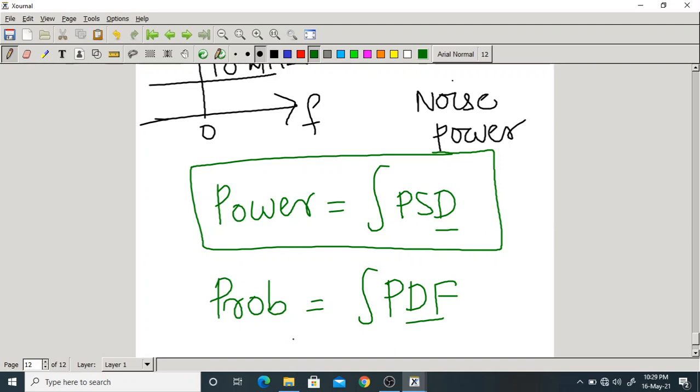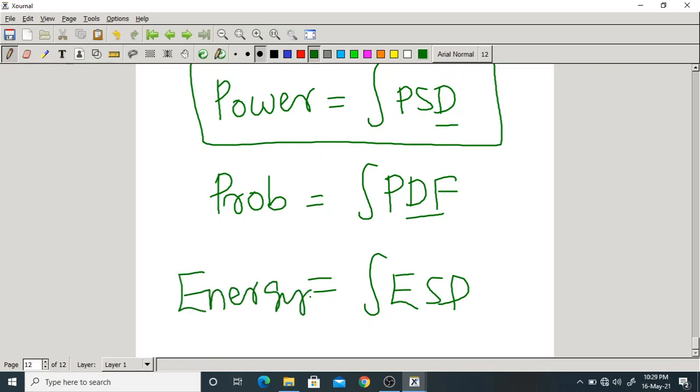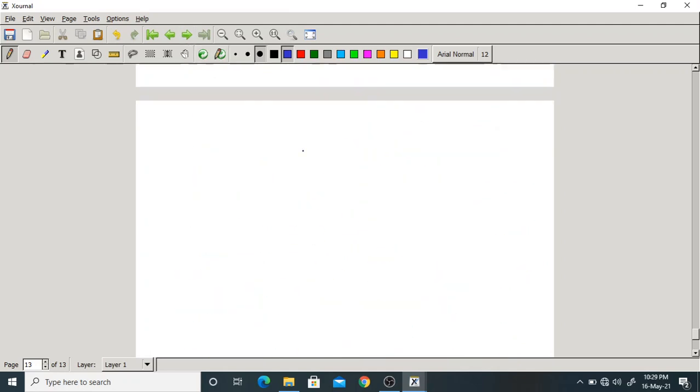Area under probability density function is probability. Area under power spectral density is power. Suppose area under energy spectral density, it would be energy. Simple rule. Remember these things. They're very, very simple things. Now, at the output side you need power. You have to calculate power, which means by default power means area under PSD.